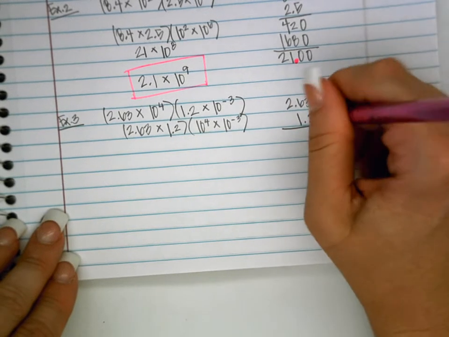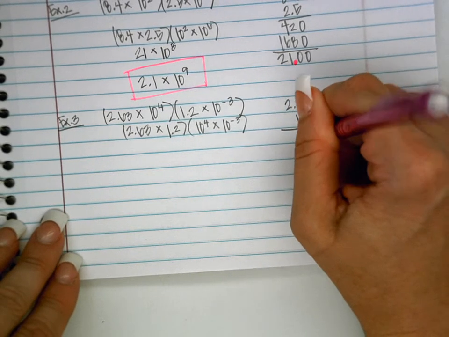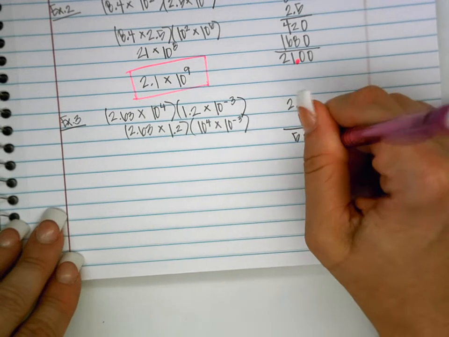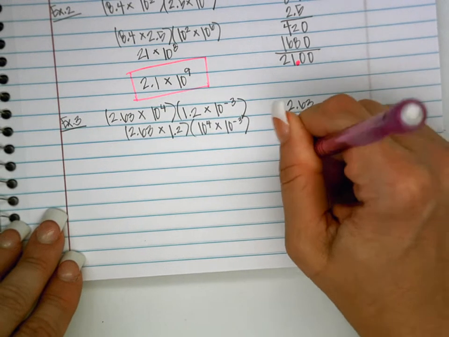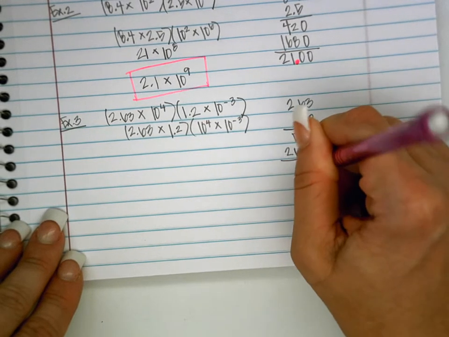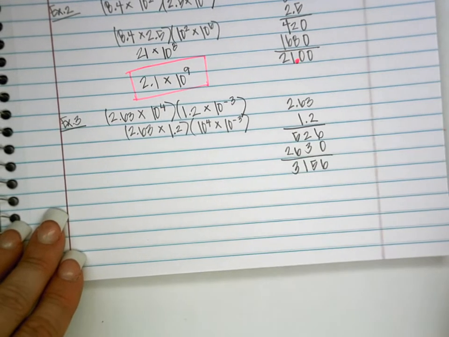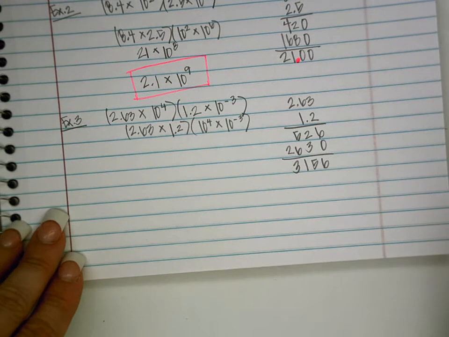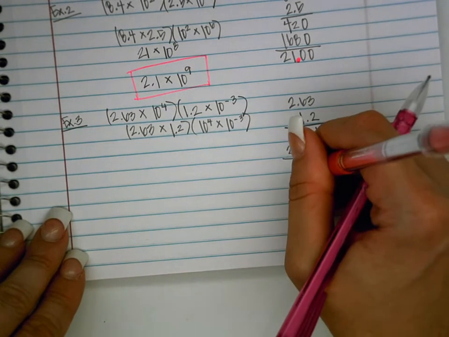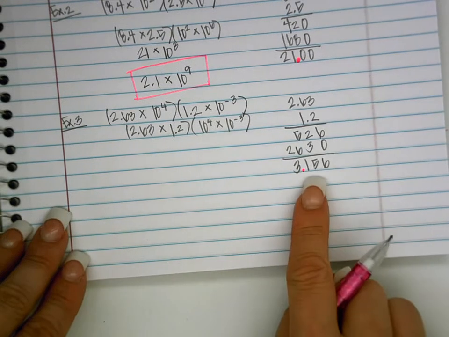How many decimal places is this one going to have? 3 decimal places, right. So what do we get for an answer here? 3.156. You have to have 3 decimal places here.